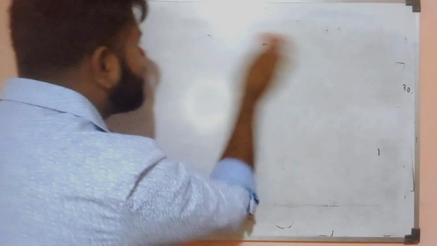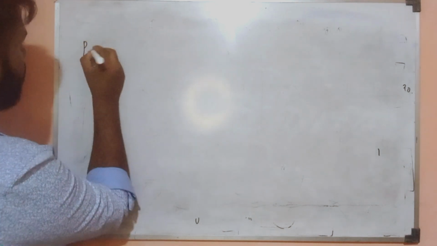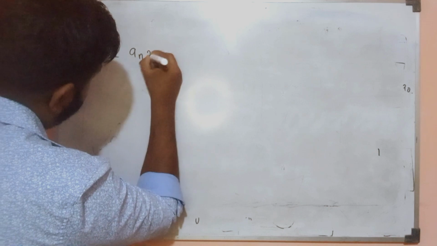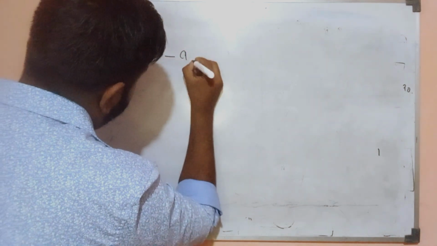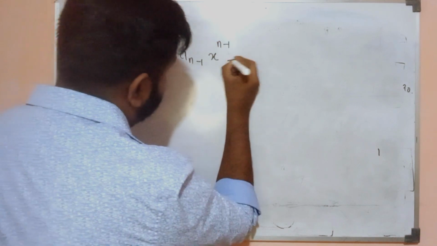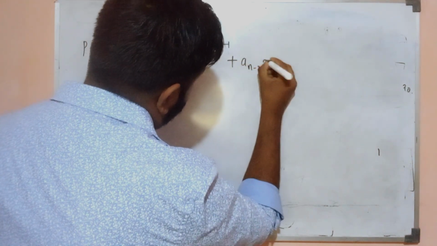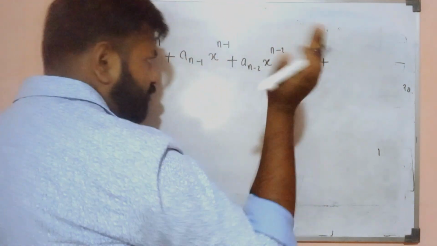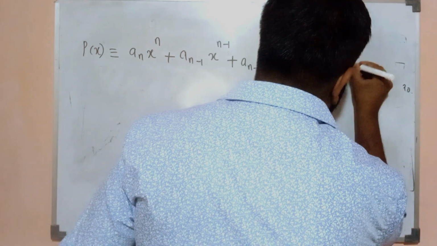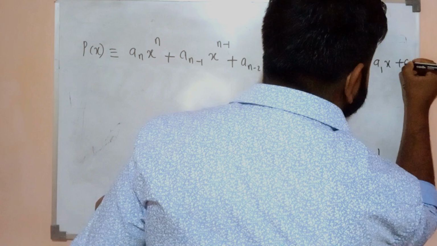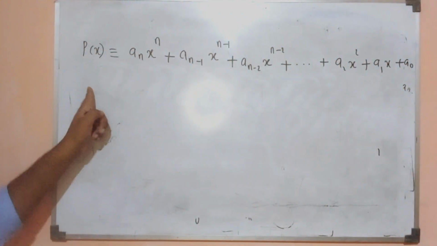This is the common format of a polynomial: P(x) is equal to a_n x to the power n plus a_(n-1) x to the power n minus 1 plus a_(n-2) x to the power n minus 2, and so on, until a_2 x squared plus a_1 x plus a_0.